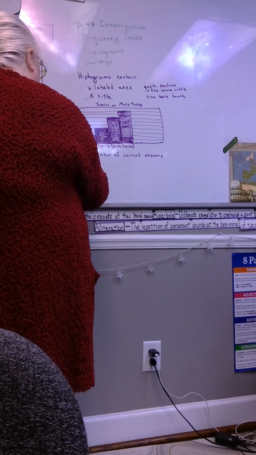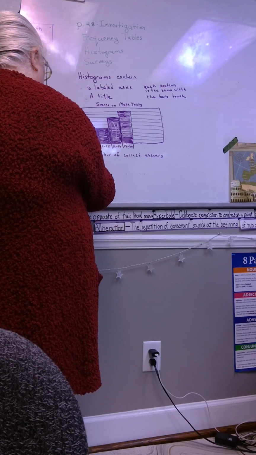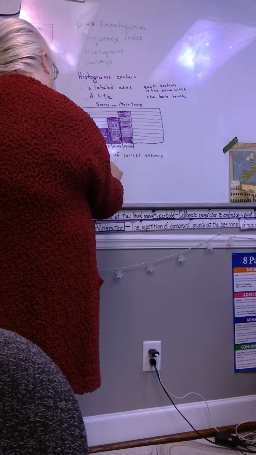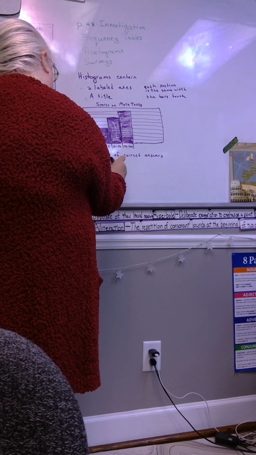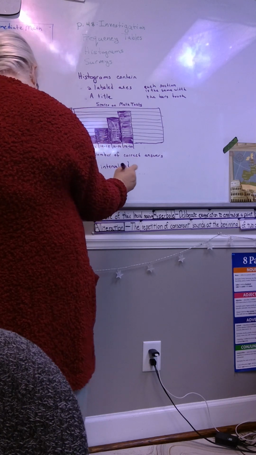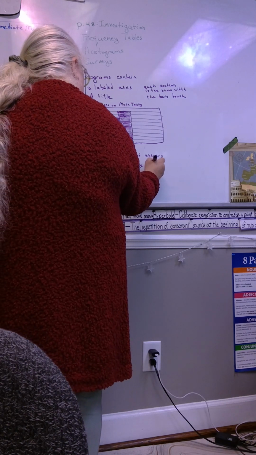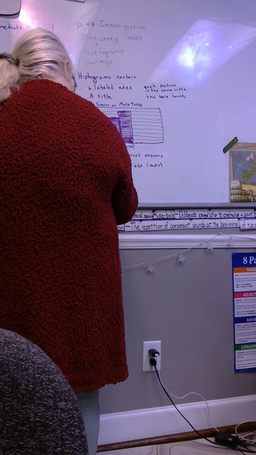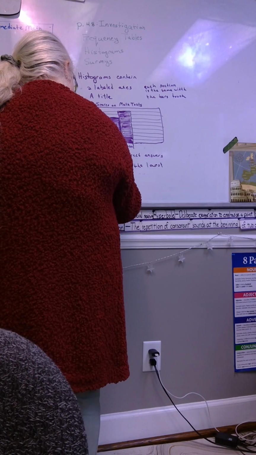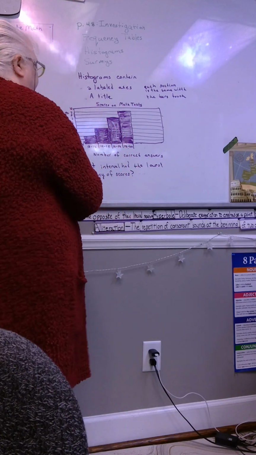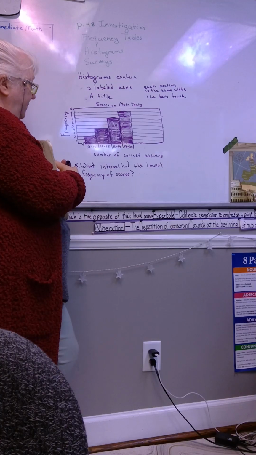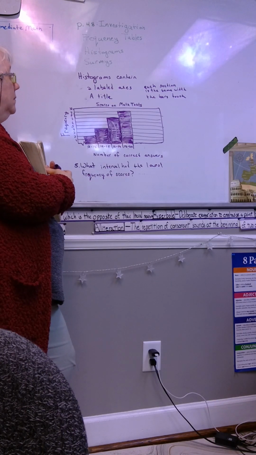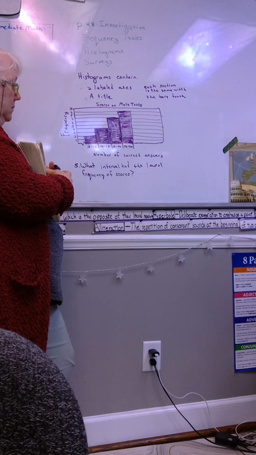And so then for number 5, it said, what interval had the lowest frequency of scores? 12 through 13.